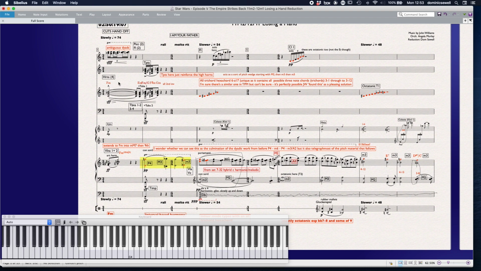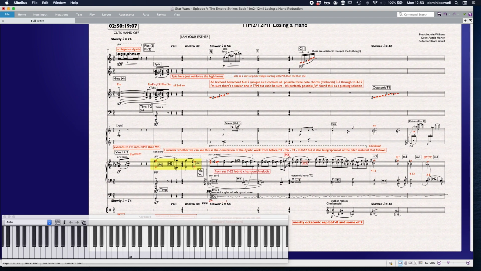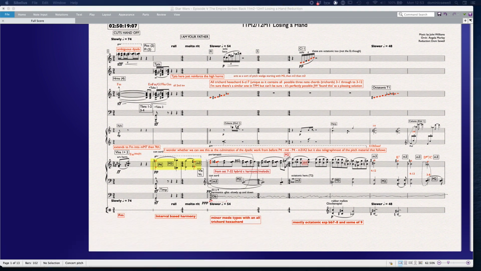Anyway, we strike off with this first section. I'm going to try and do what I've been doing recently, playing little bits and then going back into it. So now here.